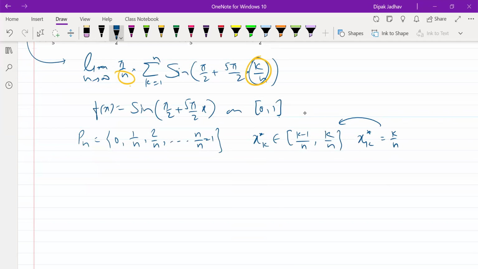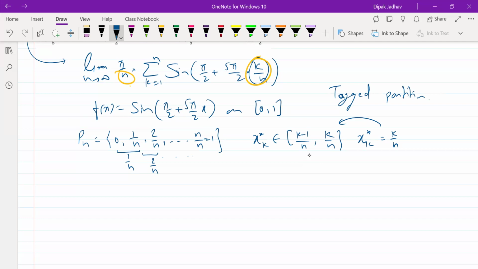So from the first subinterval we are choosing 1 by n, from the second subinterval we are choosing 2 by n, and so on. When you start with a partition and with some pre-chosen points, such a partition is called a tagged partition.